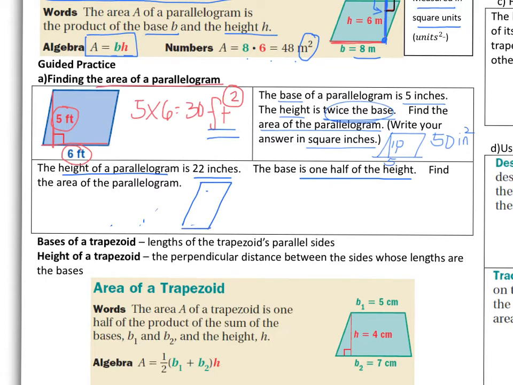Maybe like this. 22, and the base is half the height. So here's the base, and it will be 11. Find the area of the parallelogram. 22 times 11 is just 242 inches squared.